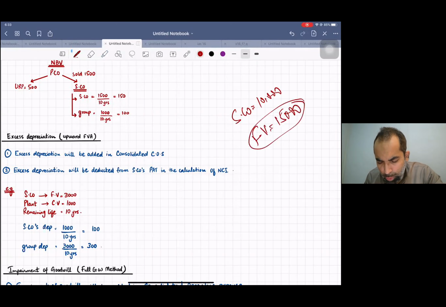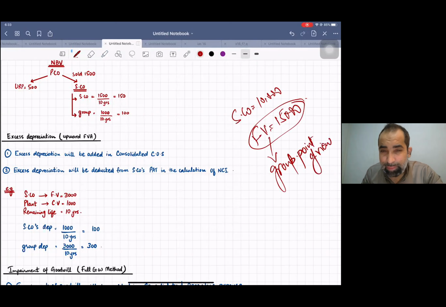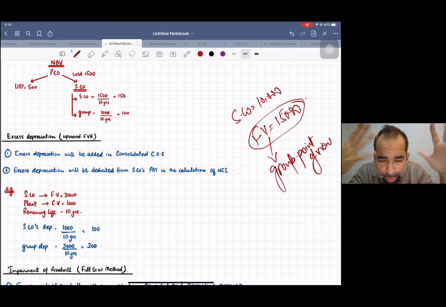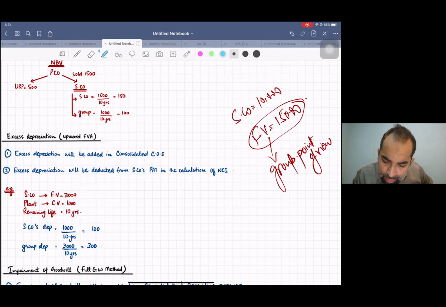From the group point of view, we have revalued this plant from 10 to 15. But S company's accountant has no knowledge of this, and in S company's individual books, this asset is still at 10,000.